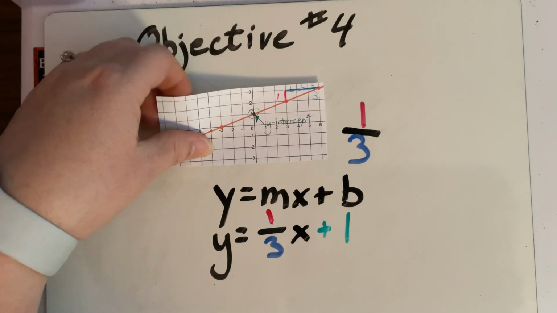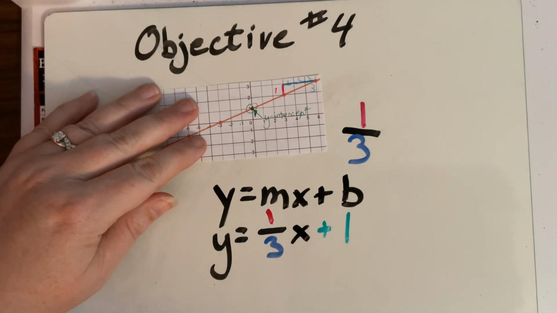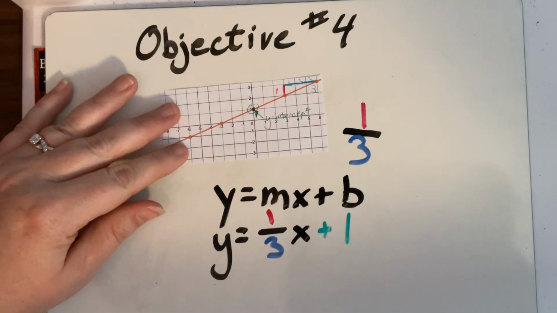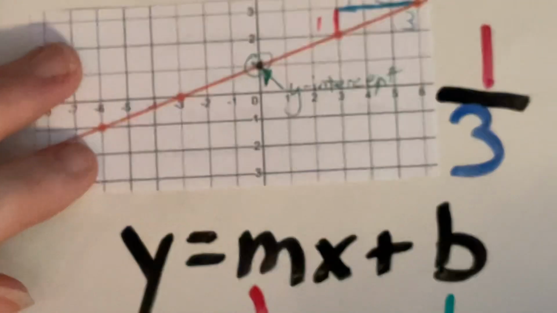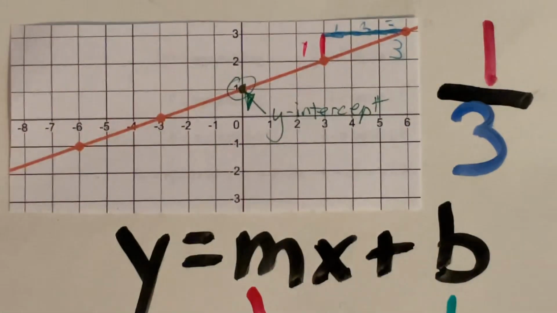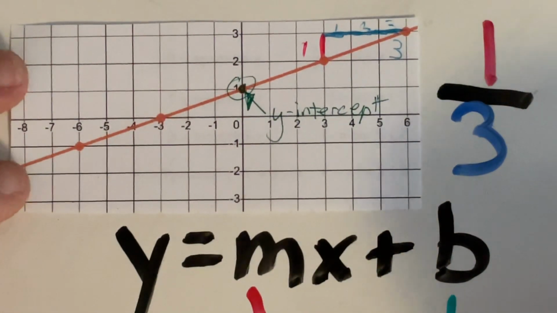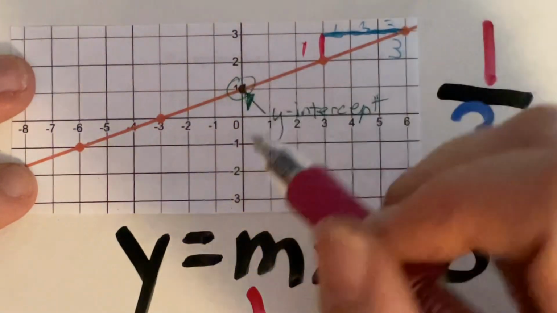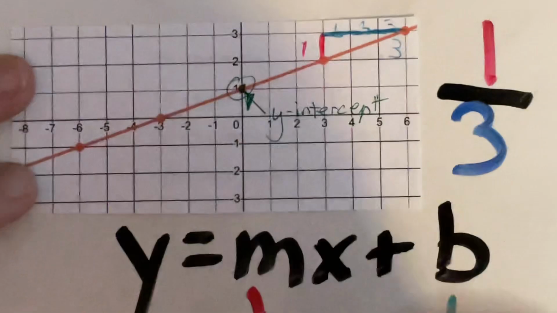Now, actually, I'm not going to take this one away. Let's try this exact same one, but I'm going to pick 2 different points that are a little bit further apart. What if I picked this point here and this point way over here?